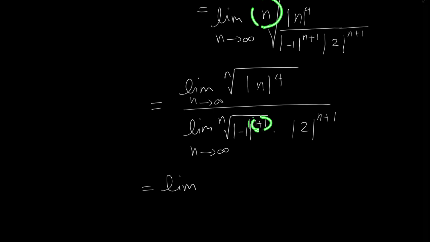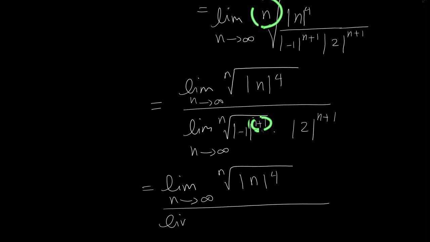So numerator is a limit of root n to power 4 when n approaches infinity, and in the denominator you are taking the limit of root n of -1 to power n times -1 and 2 to power n times 2, and n approaches infinity.